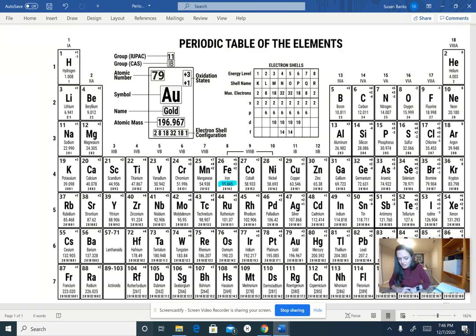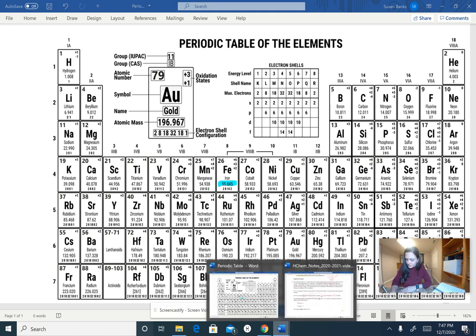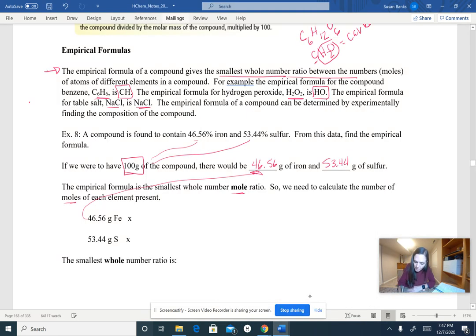I have 55.845. That 5 tells me to round up, so 55.85. So we're going to use 55.85. So I have 55.85 grams of iron in 1 mole of iron. Okay, now my grams cancel and I've got moles, which is exactly what I want.